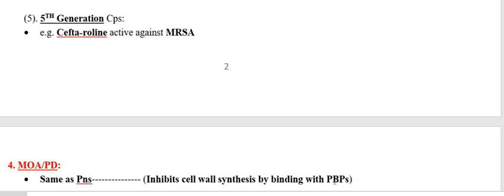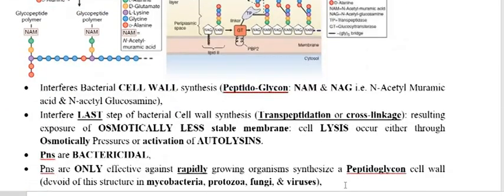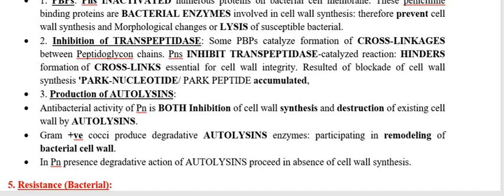P for penicillin, B for binding, and P for proteins. So penicillin binding proteins are enzymes on which the beta lactam antibiotics act, and therefore it inhibits the synthesis of cell wall, and bacterial cell lysis occurs. We are not going to discuss this broadly, because this was already discussed in the previous class.